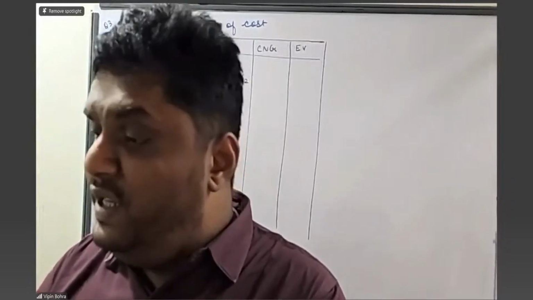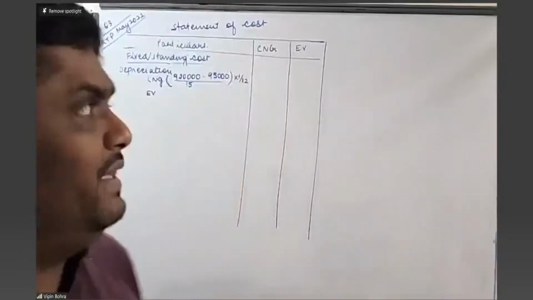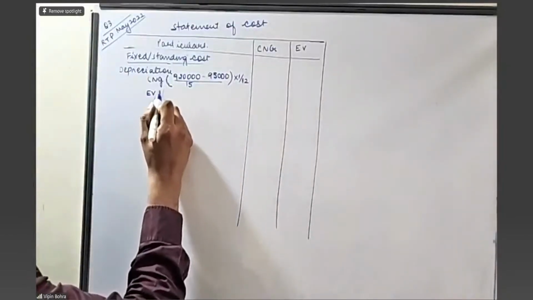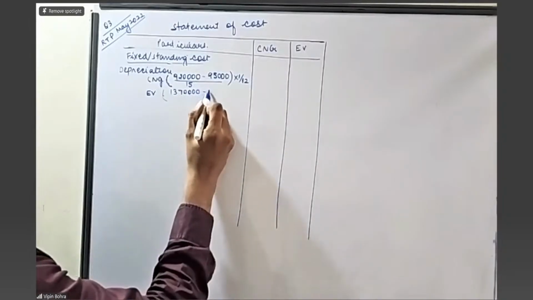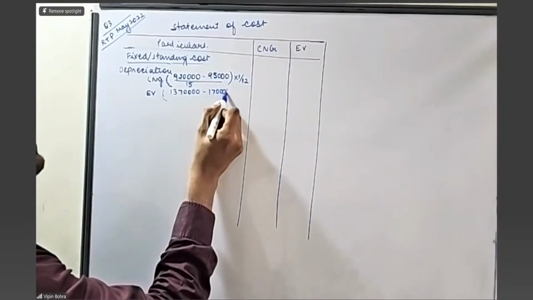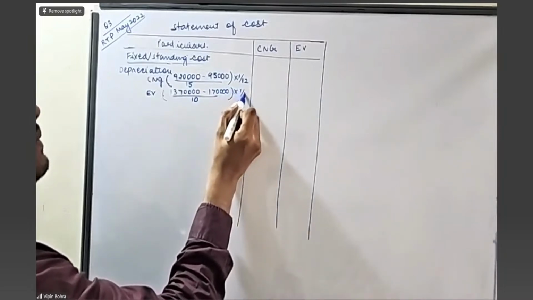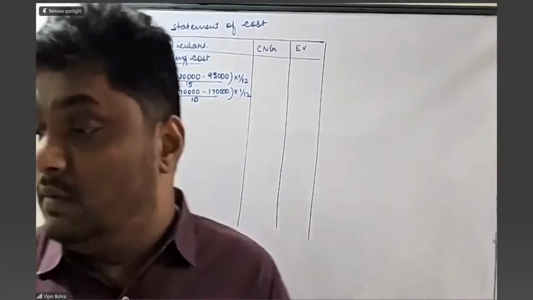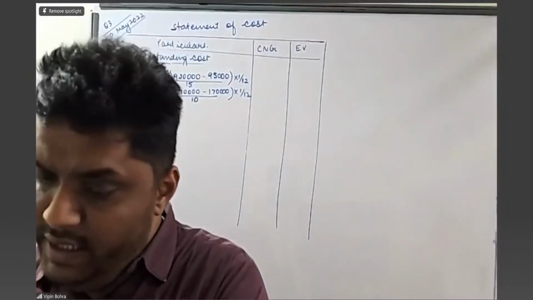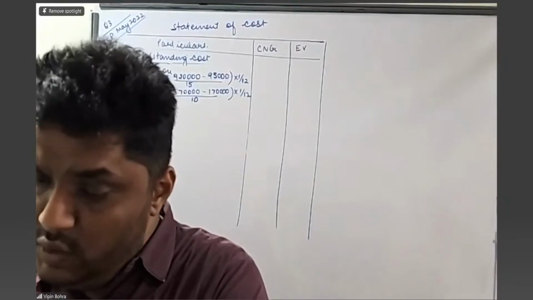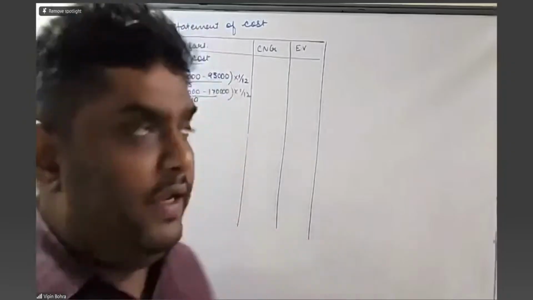So 15 lakh 20,000 minus 150, the cost of the car will be 13 lakh 70,000, minus 1,70,000 as the scrap value, divided by useful life of 10 years, into 1 by 12. So 9,20,000 minus 95,000 divided by useful life of 15 years divided by 12, we get the depreciation, that is 4,583.